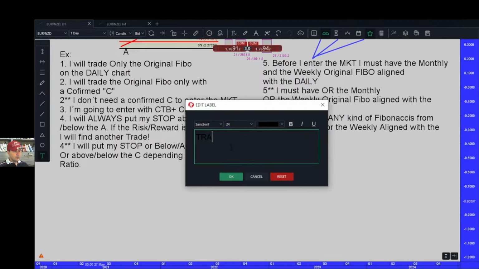Okay, trader's secret. This is the bad news. Once you have chosen, then you must enter every single time and not choose one day yes and the next day something different.